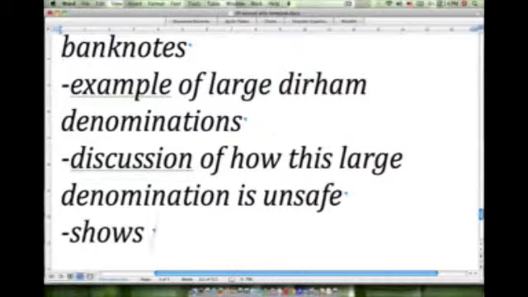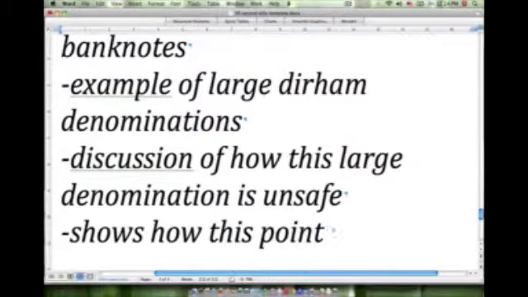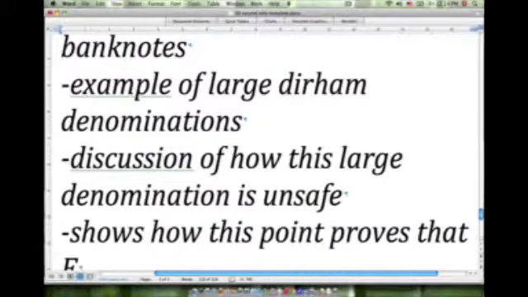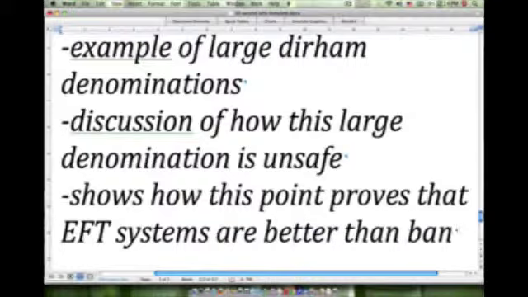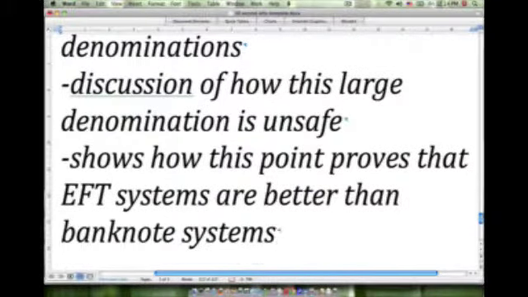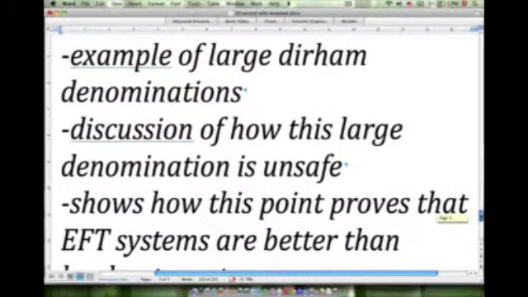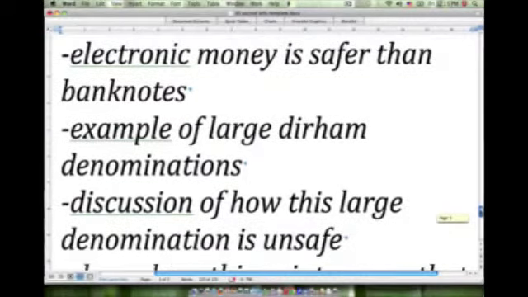So the fourth thing the student does is show how this point proves that, the phrase they use being, EFT systems are better than banknote systems. These are the 4 parts of this paragraph that the student has included.